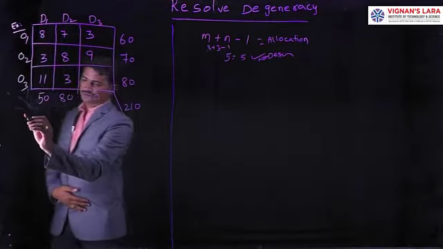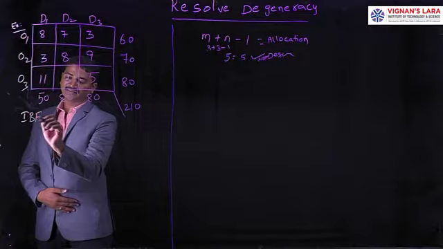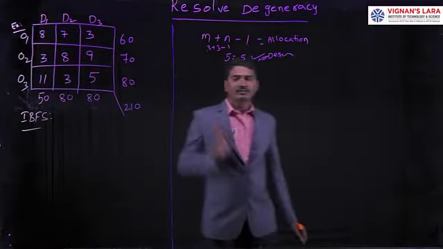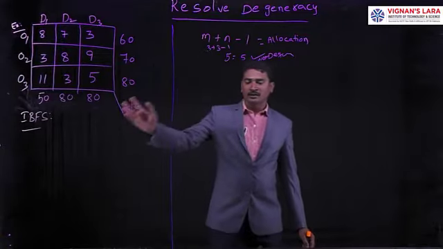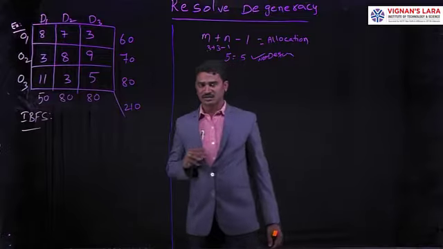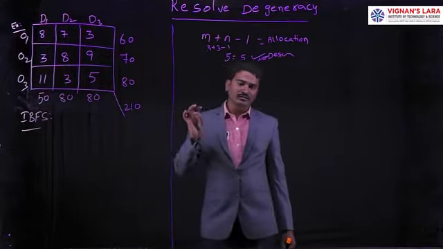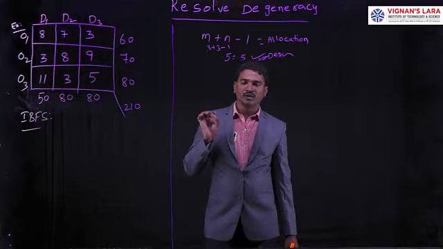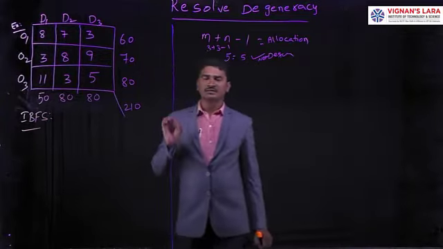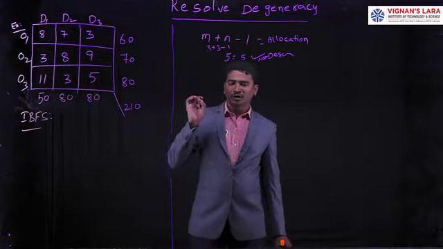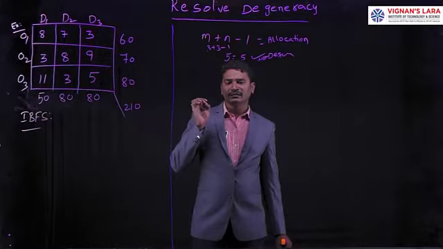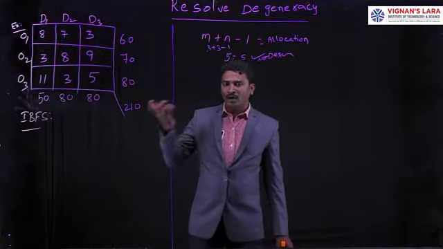To find it we have 3 methods: the northwest corner method, the least cost entry method, and Vogel's approximation method. From these 3 methods we are going to choose Vogel's approximation method. Why? Because there we get more accurate results compared to other techniques.